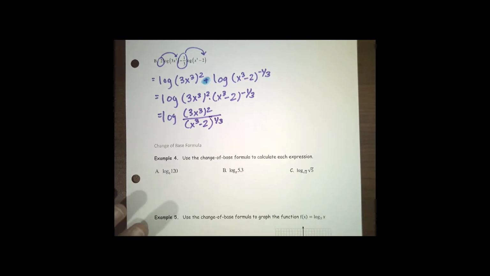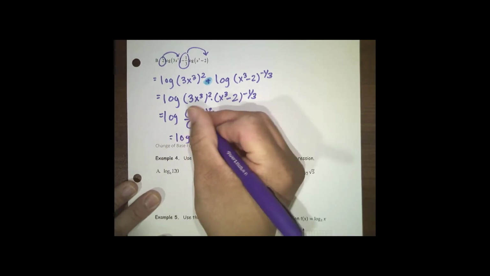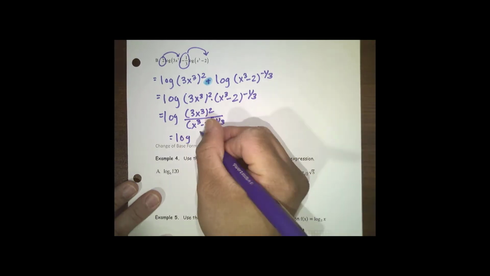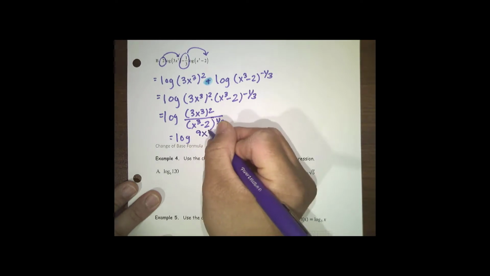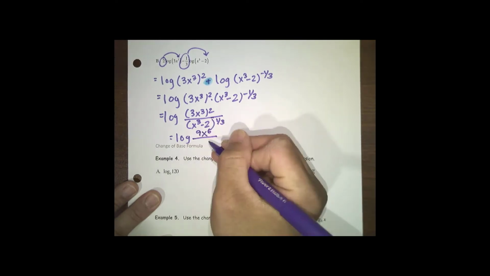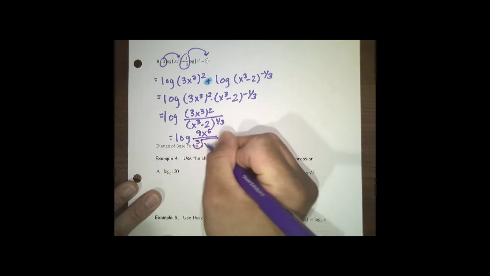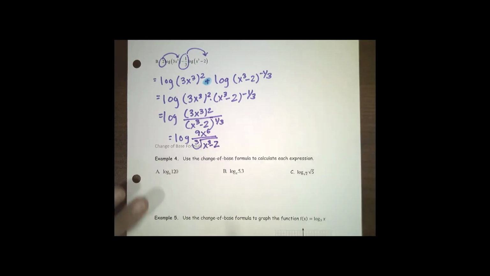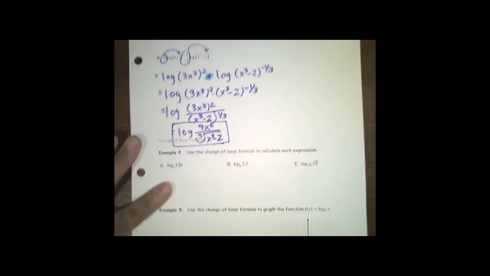And you can go ahead and simplify this if you would like to. 3 squared is 9, x to the 3rd squared is x to the 6th power, and the 1/3 power is like the cube root, so you have the cube root of x cubed minus 2. All right, so there it is as a single logarithm.